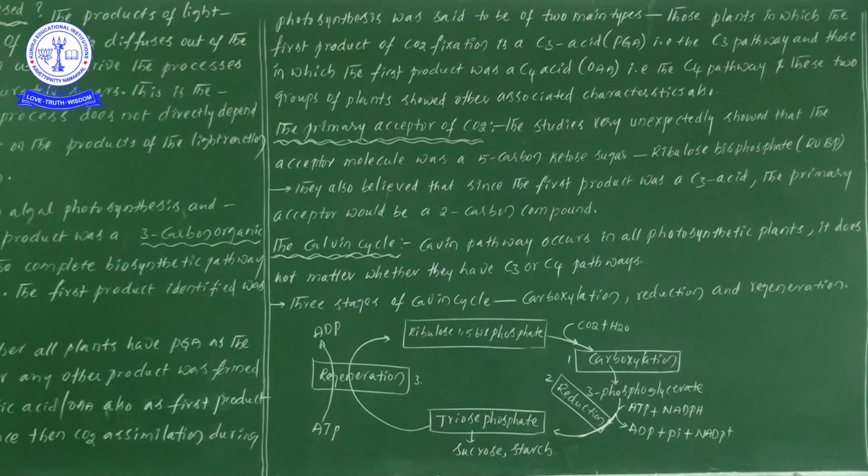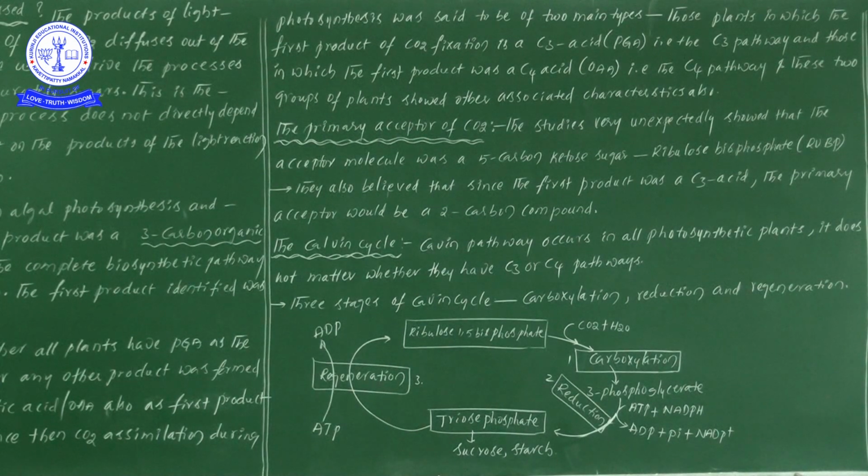Because in photosynthesis a 3 carbon compound is formed. Initially we thought it must be a 5 carbon ketone sugar, ribose bisphosphate, that receives the carbon dioxide, but here a 3 carbon compound is formed in photosynthesis. Later we suspected the first carbon receiving product might be a 2 carbon one, but it is confirmed that the carbon dioxide is accepted by the 5 carbon compound known as ribose 1,5 bisphosphate, or simply RuBP. So this is the information.